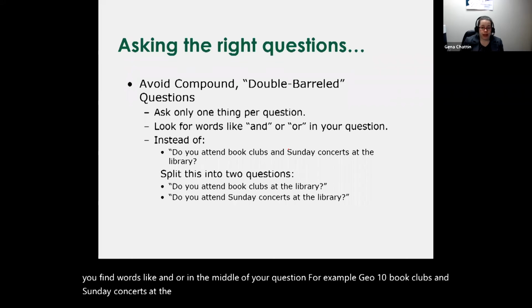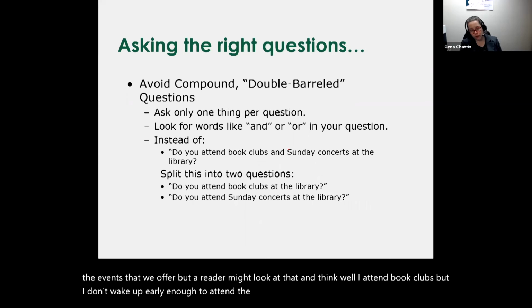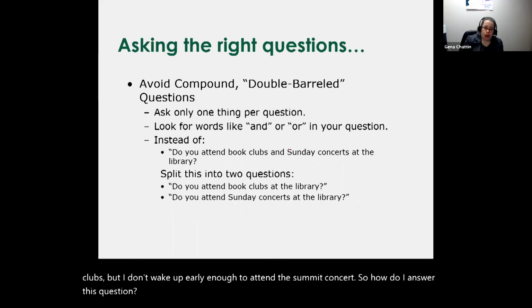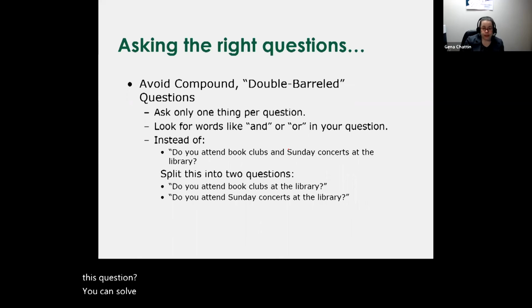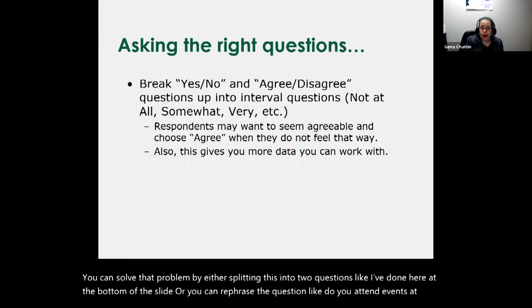You may think you're just asking about, do you attend any of the events that we offer, but a reader might look at that and think, well, I attend book clubs, but I don't wake up early enough to attend the Sunday concert. So how do I answer this question? You can solve that problem by either splitting this into two questions, like I've done here at the bottom of the slide, or you can rephrase the question, like, do you attend events at the library?